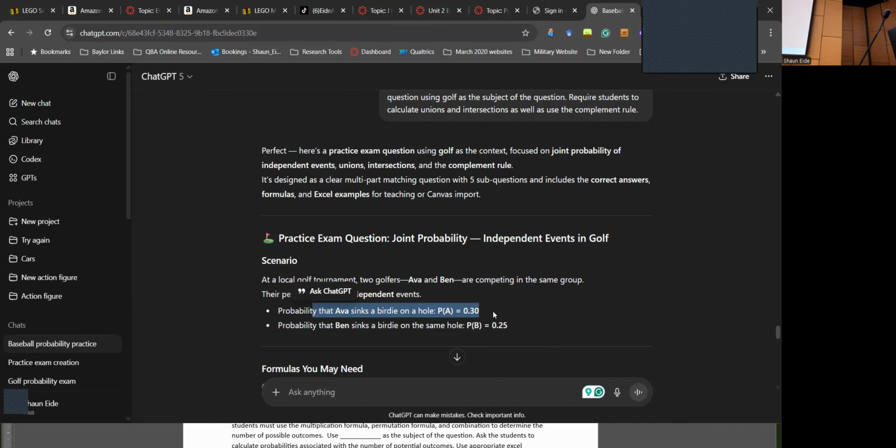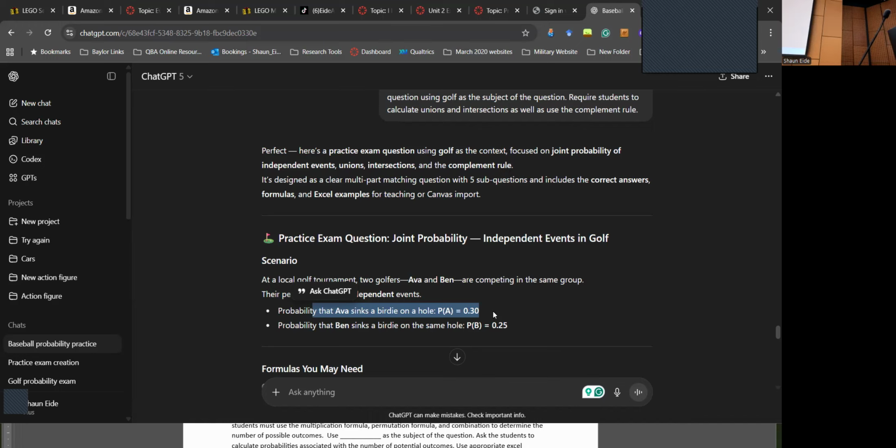If they're independent, it's Ava's times Ben's. What is 0.3 multiplied by 0.25? 0.075. So that's how much overlap they have.